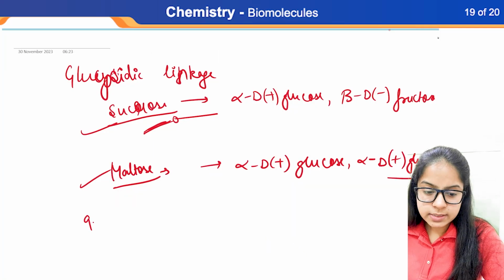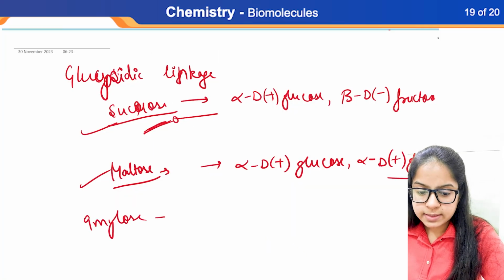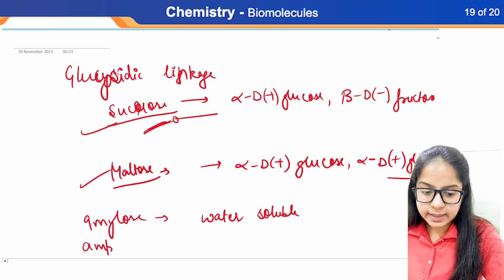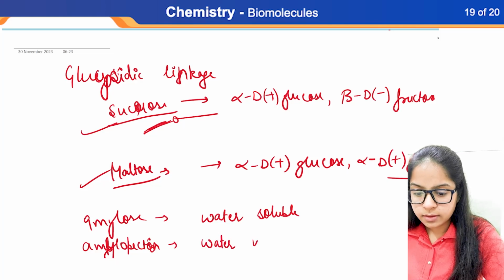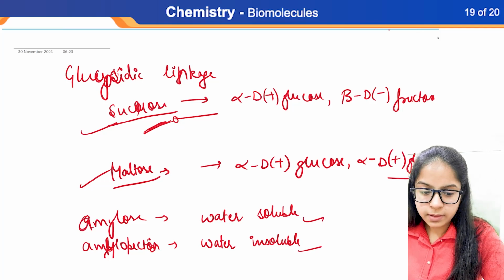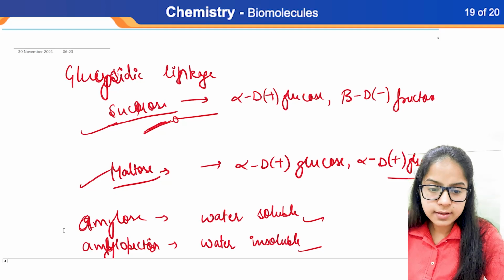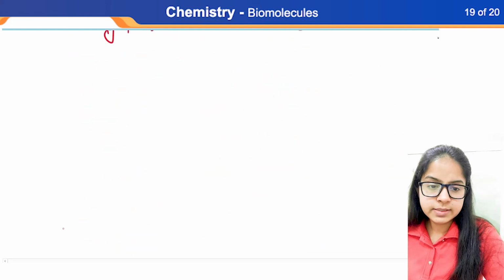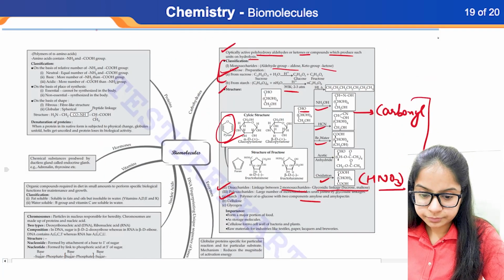Here one twist is that amylose is water soluble, but amylopectin is water insoluble. Amylose is water soluble and amylopectin is water insoluble. This is for the starch.